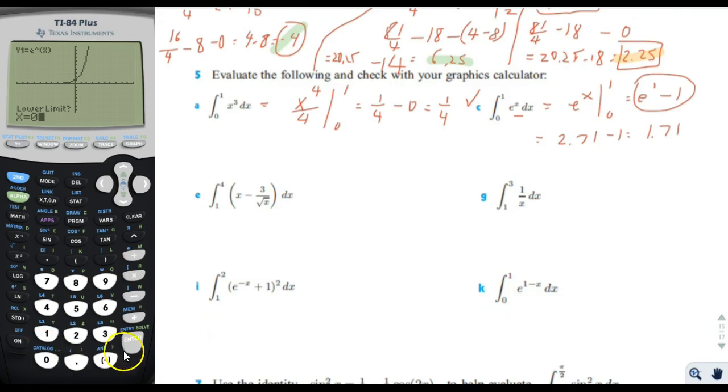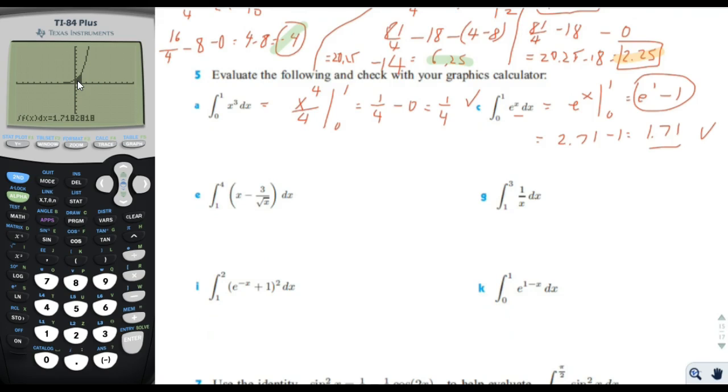So we're going to put lower limit 0, upper limit 1, and it tells us it's 1.71. And it even colors it in for you. There you go. Yeah, that's exactly right. Okay. Do you see how it goes from x equals 0 to x equals 1? Exactly. It colors in the shape that you're finding the area for.